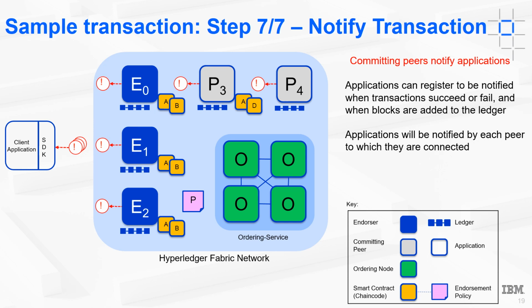That's what we talked about, right? When a transaction succeeds, the blocks are added to the ledger, and the application is notified by the peer to which it is connected, so that information flows back from the committer to the peer and to the client application.